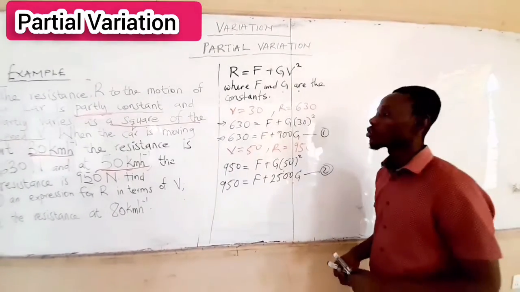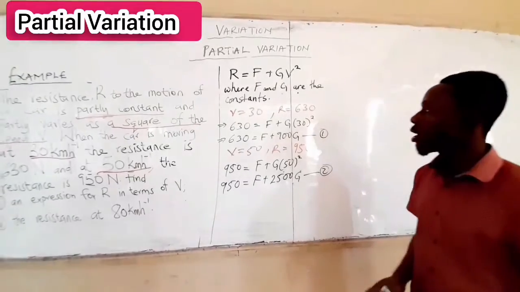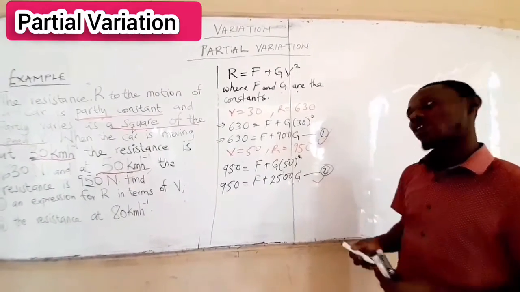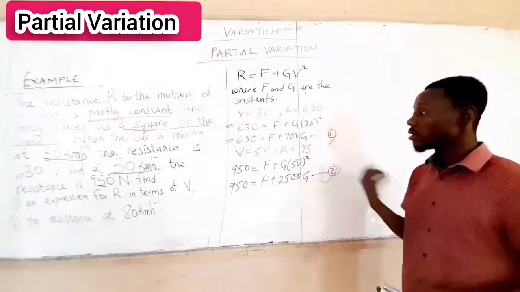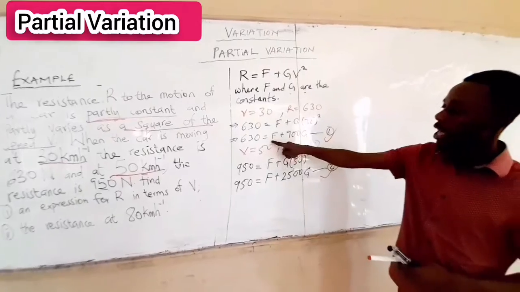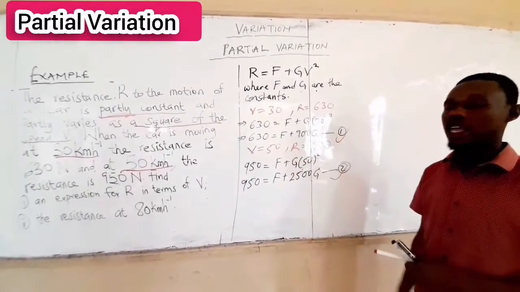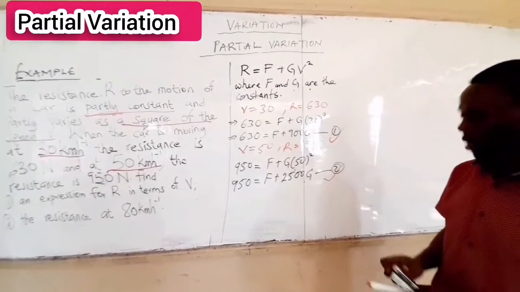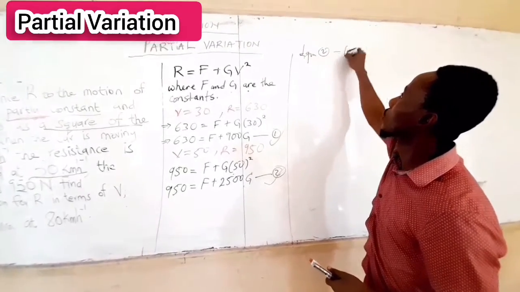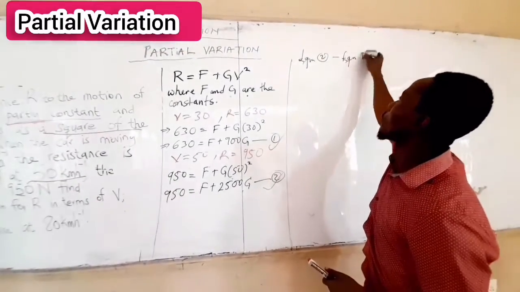This one becomes our equation 2. We are going to solve equation 1 and equation 2 by using the elimination method, which becomes much easier because we have F here and we have F there. We have to subtract. So we write equation 2 minus equation 1.